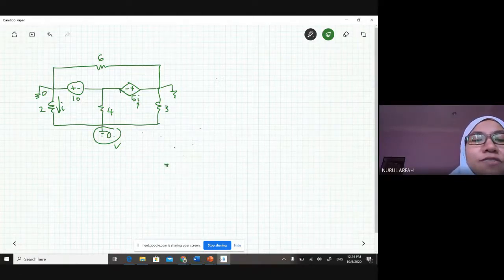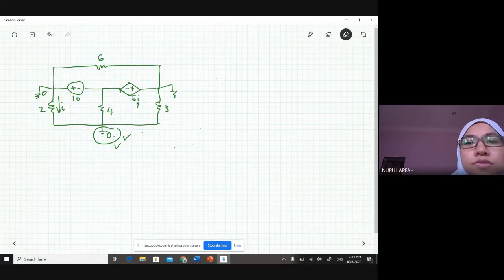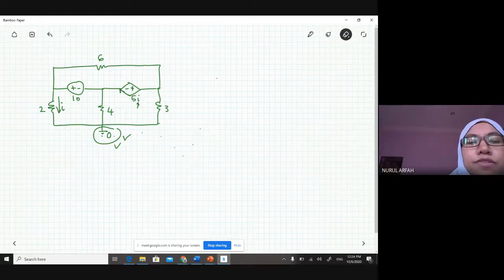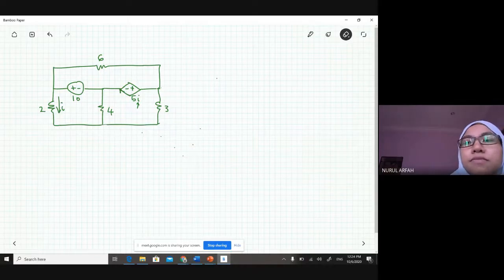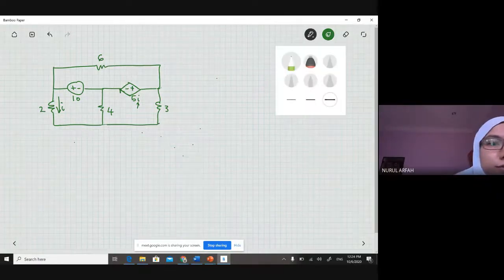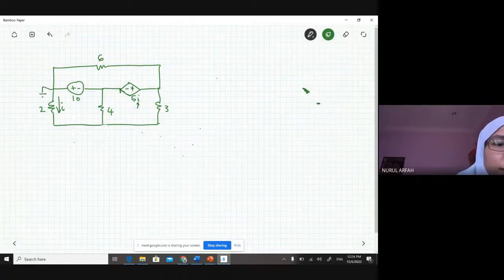If you put it down here, at the bottom, then you will have two what? Two supernodes. Do you agree? Yes. If you want to simplify, you put it on either one side of this. Whichever one you don't like, you put it there. So maybe I put it here to simplify the answer. This is the 0 point, the reference point.